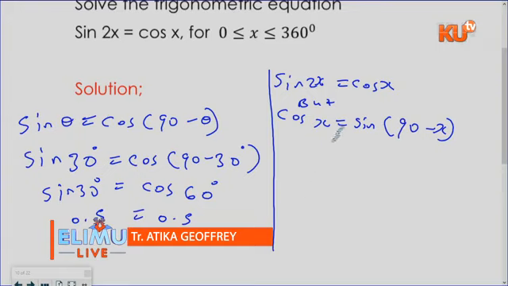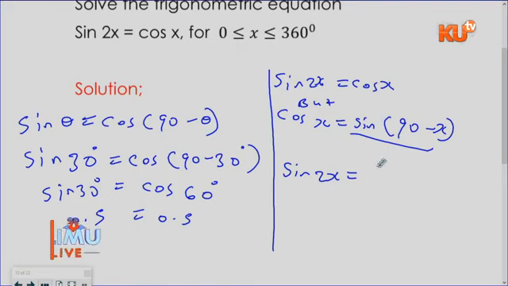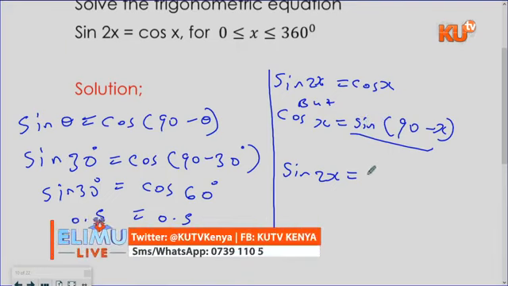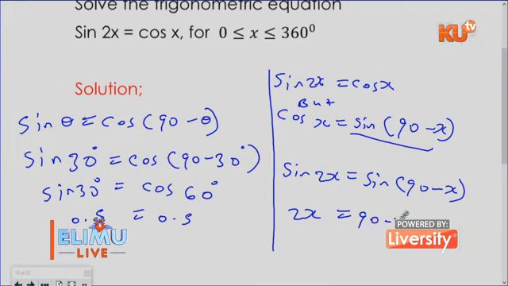So I'm going to do away with this cos x and replace it with this knowledge. I'll have sine 2x is equal to sine of (90 minus x). So I can say 2x is equal to 90 minus x. I've just equated this angle to that angle.